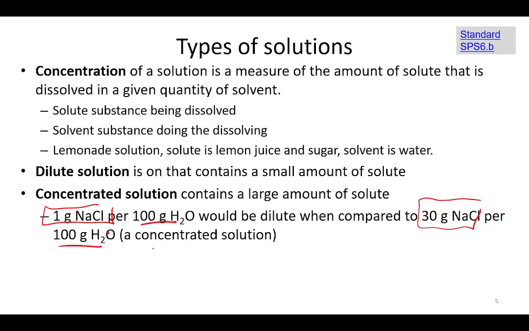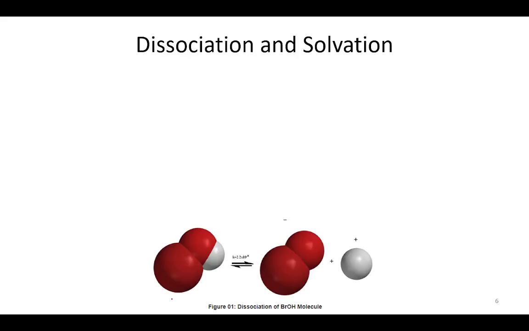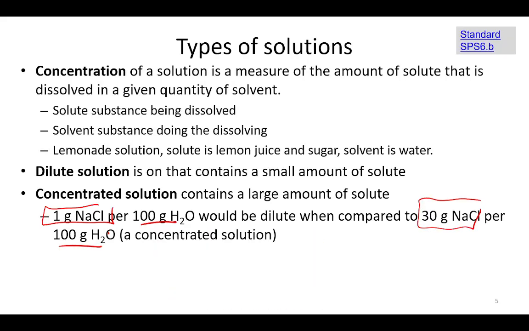The 30 grams would be a concentrated solution. So, just some terminology. Concentrated and dilute are kind of relative. It depends on the substance that you're doing the dissolving. Some things you can dissolve a lot of the solid or the gas in the liquid, others not quite so much.